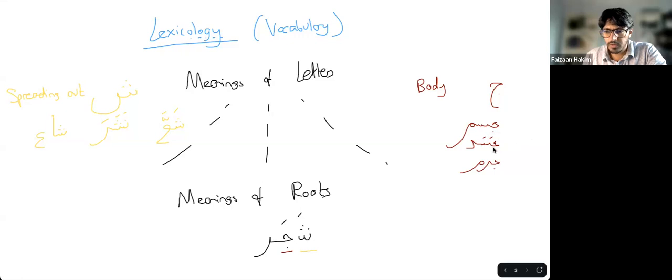One meaning of ra, let's go with the red. One meaning of ra is actually similar to English: repetition. Especially at the end of a word, you have karra. Listen to it.